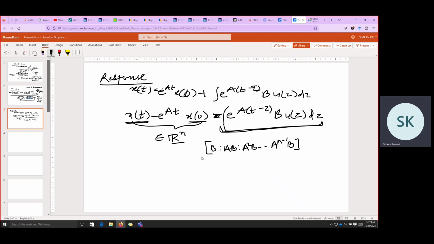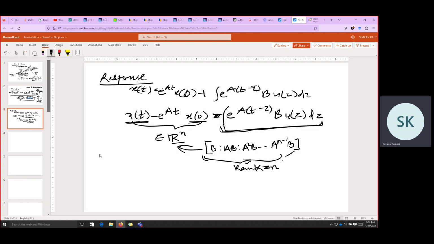That means this matrix will span the space R^n. So its rank should be n in order to control the system, and in that case all the states are controllable.